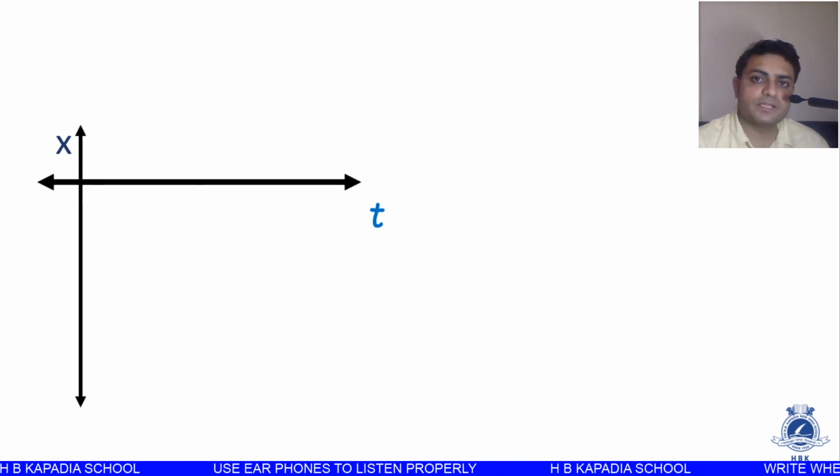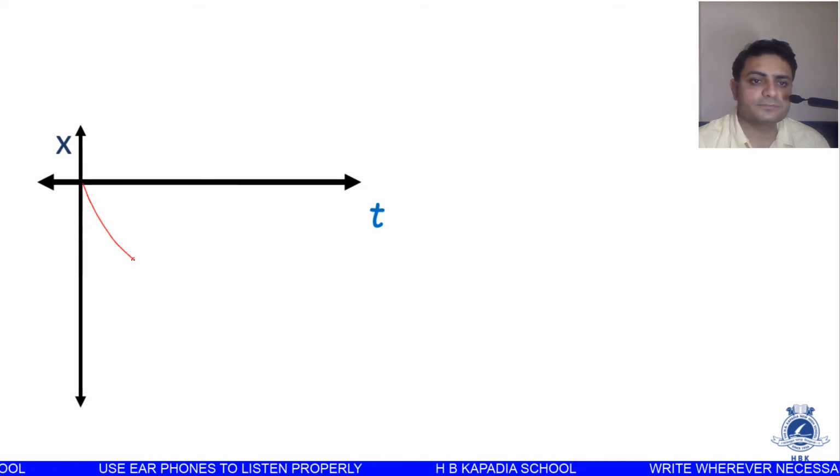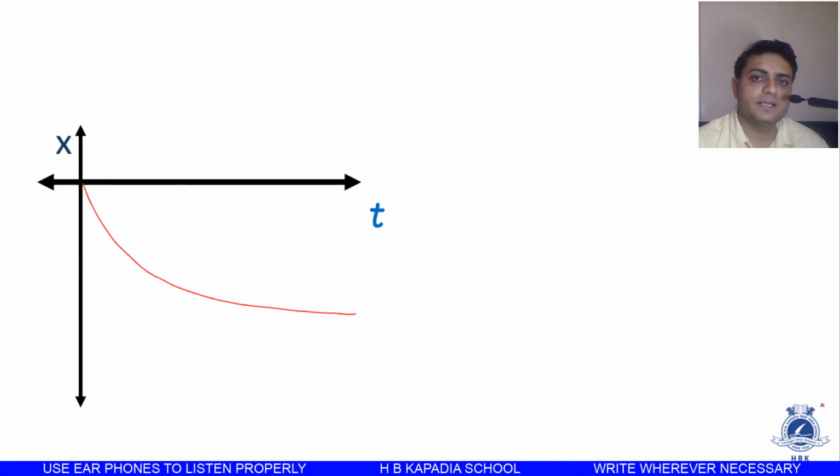First of all, I'm discussing all the graphs along the negative x direction, and then we'll see the graphs along the positive x direction. See, what if the graph is like this? Then we can say that the slope at each and every point is different.